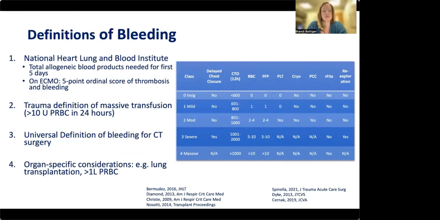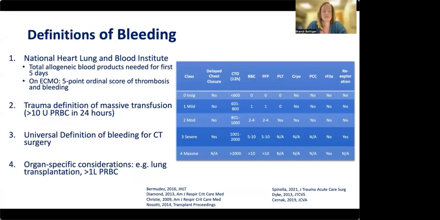It also measures the 5-point ordinal score for thrombosis and bleeding. These have been recommended for use as definitions in future publications and grant funding in the sphere of cardiac surgery. It may be widely applicable to lung transplantation.